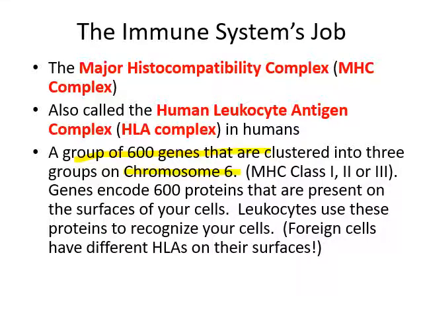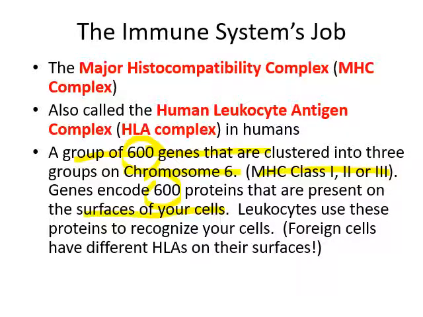Because they're clustered into 3 groups, we refer to them as MHC class 1, MHC class 2, and MHC class 3. But we're talking about 600 genes that encode 600 little proteins present on the surfaces of your cells.